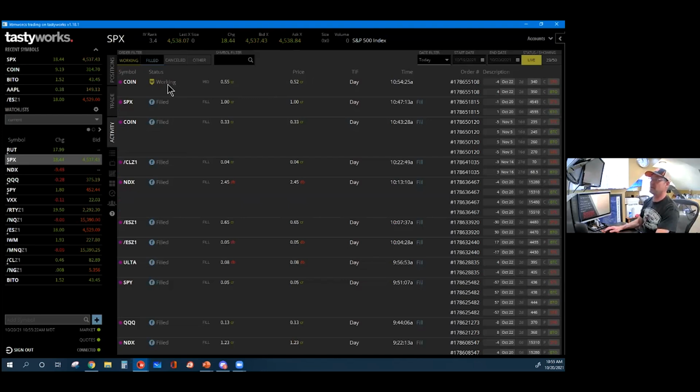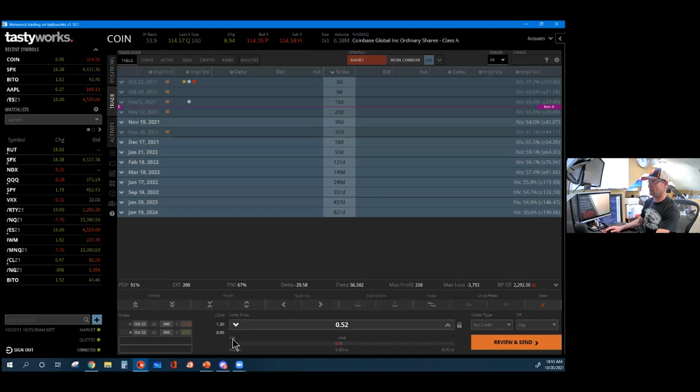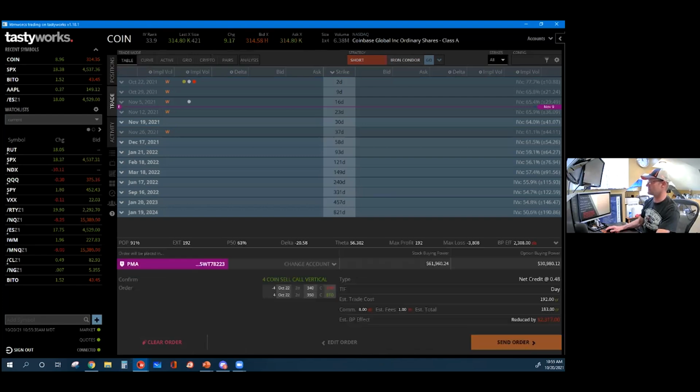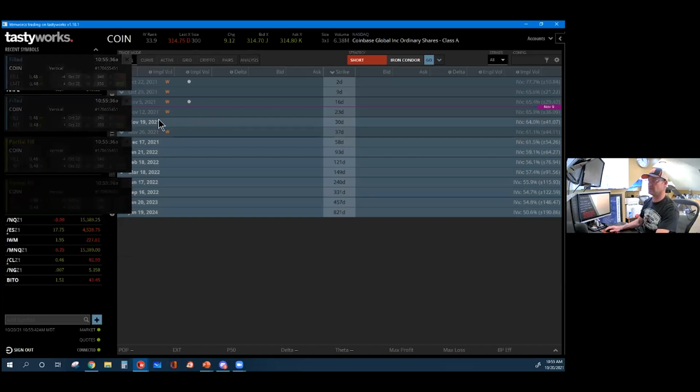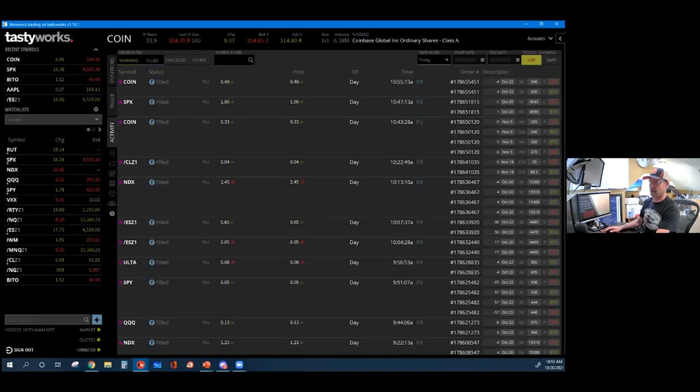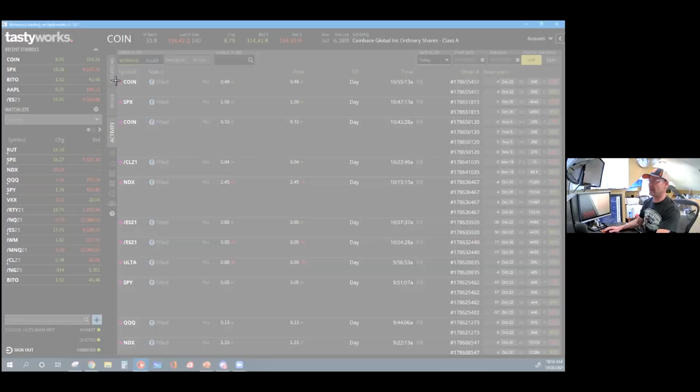About 90% POP on the trade with almost a 9% ROI, assuming the mid price. We got a ways to go to get down to the NAT price. So let's see how far down we have to go. Not very far at all. 48 cents is the fill there. That's not too bad at all. Not too shabby, as I like to say. We'll just keep chipping away at this.